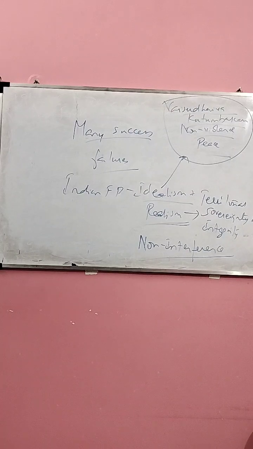Idealism alone also is not enough. It dilutes national sovereignty. So we have to go for a mixture of idealism and realism. If you look at the history, history itself proves this fact. Many conflicts have been resolved through idealism as well as realism. Thank you.